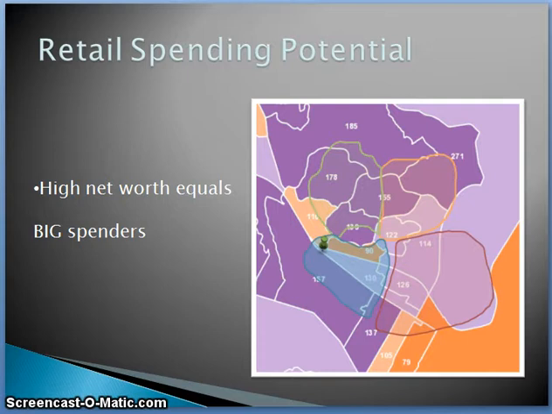If you look at an area within the Henderson zone, there is a number 178, right here. That means that consumers in that area spent 78% higher than the national average. There's no area that I saw within the Benicia district that was below average in spending for retail items.